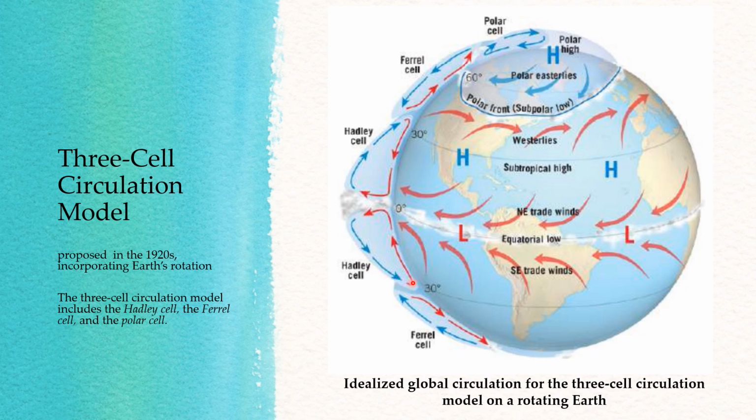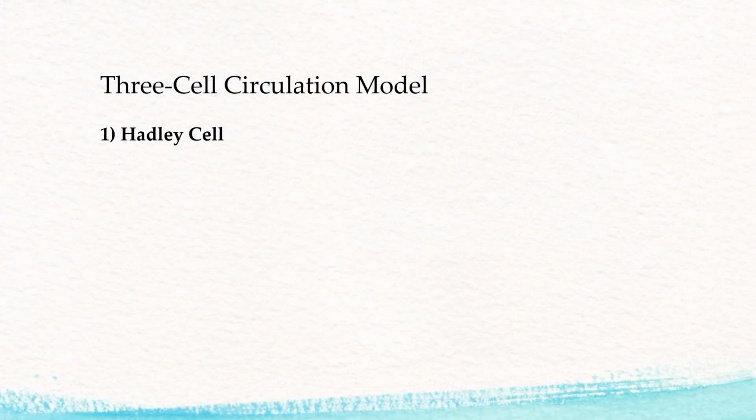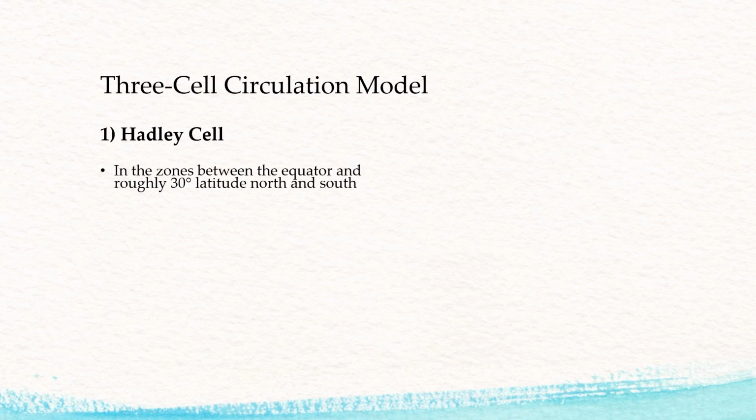We're going to see this again in the next few slides, because first is the Hadley cell. This Hadley cell happens in the zones between the equator and roughly 30 degrees latitude north and south, as you've seen in the previous picture, right?